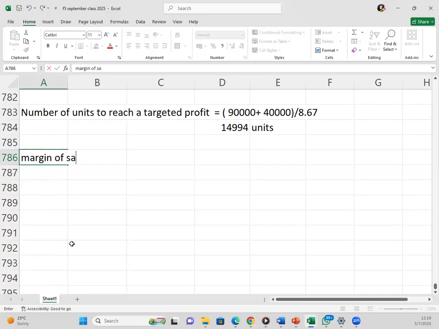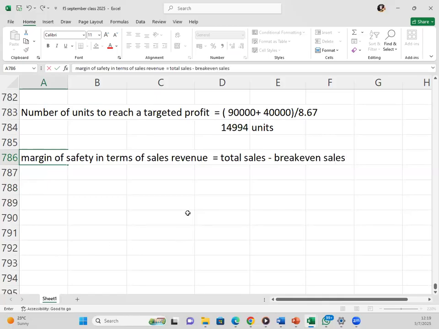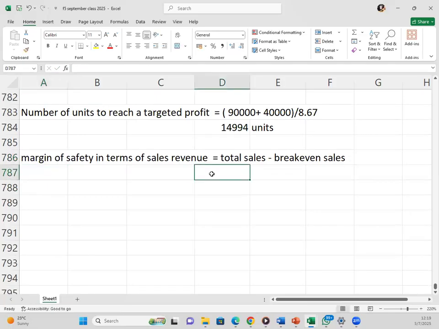Margin of safety in terms of revenue is just the total sales minus the break-even sales. So in this particular case, you are taking the 400,000 as your total revenue minus the break-even revenue.